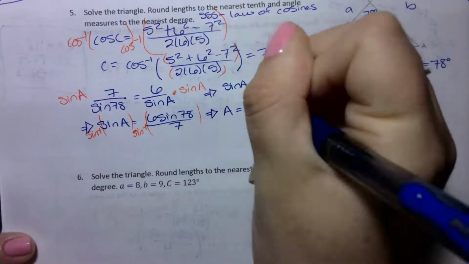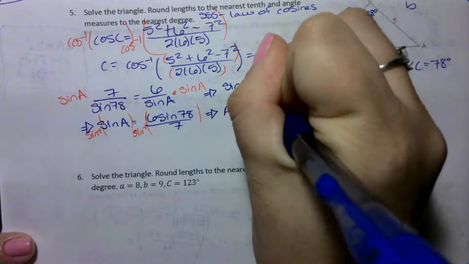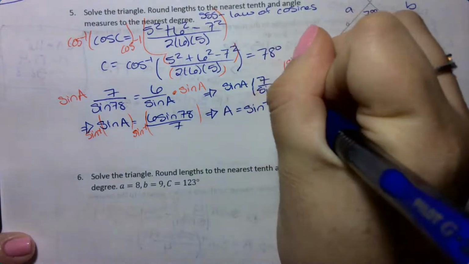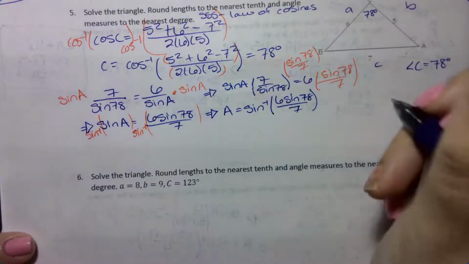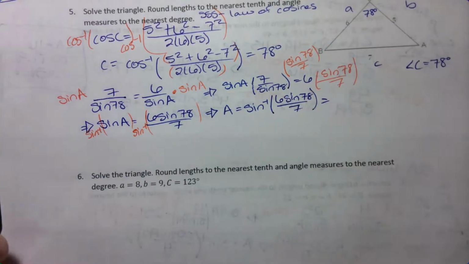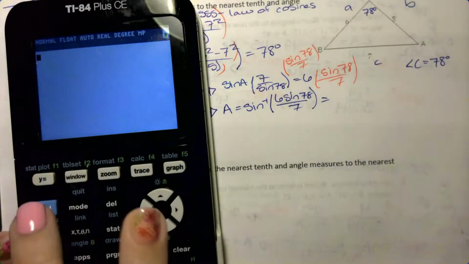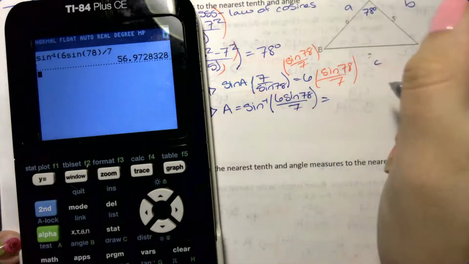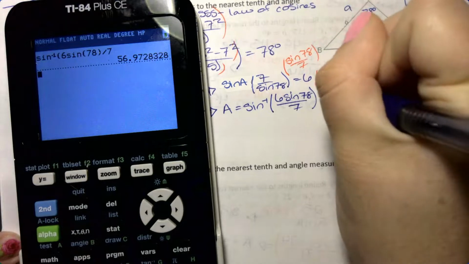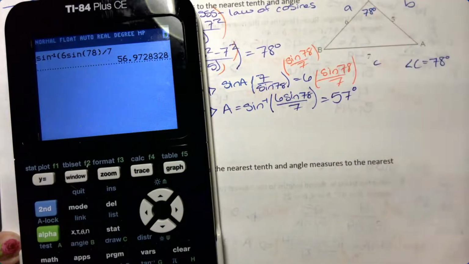This is going to give me A equals sine inverse of 6 sine 78 over 7. Then I want to go ahead and type this into my calculator. Which gets me, this is an angle, so it's going to be 57 degrees. This was for angle A.